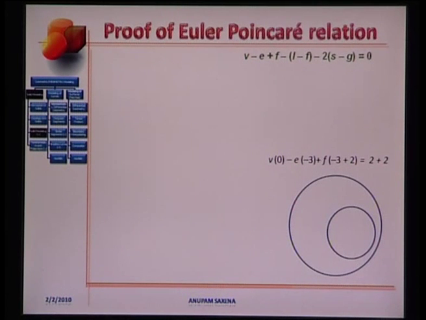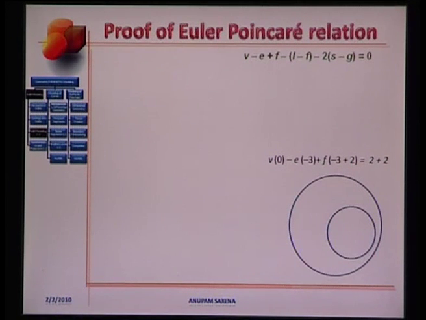So the left hand side, V minus E plus F, will have no change in the number of vertices. The number of edges will get decremented by 3, and the number of faces will get decremented by 1. So the right hand side will be 2 plus 2.